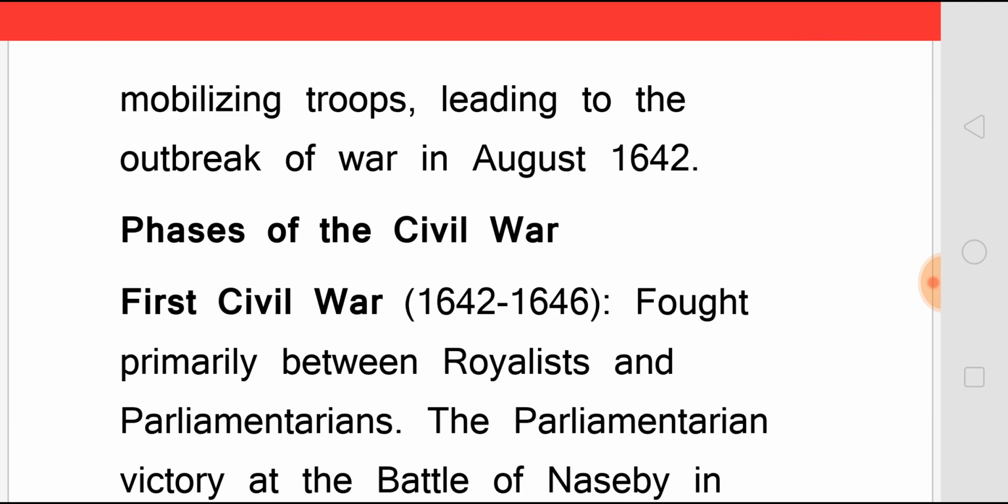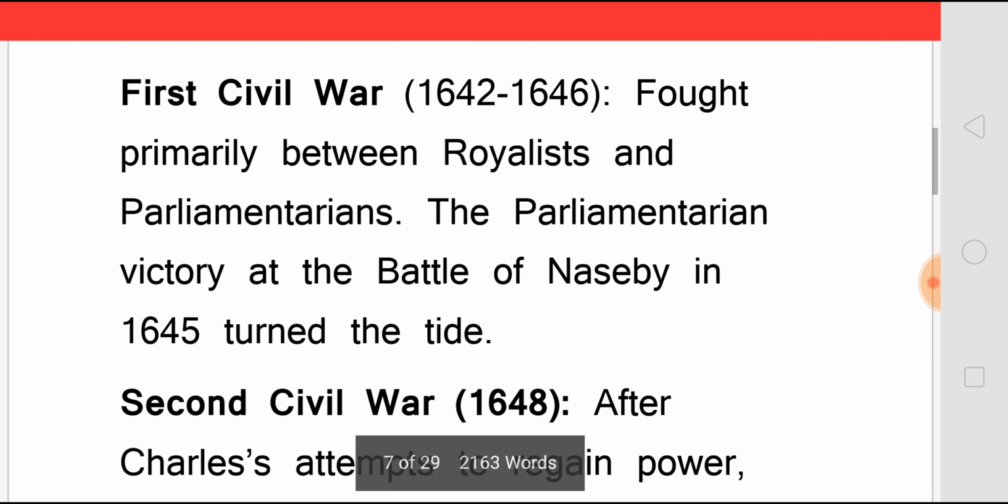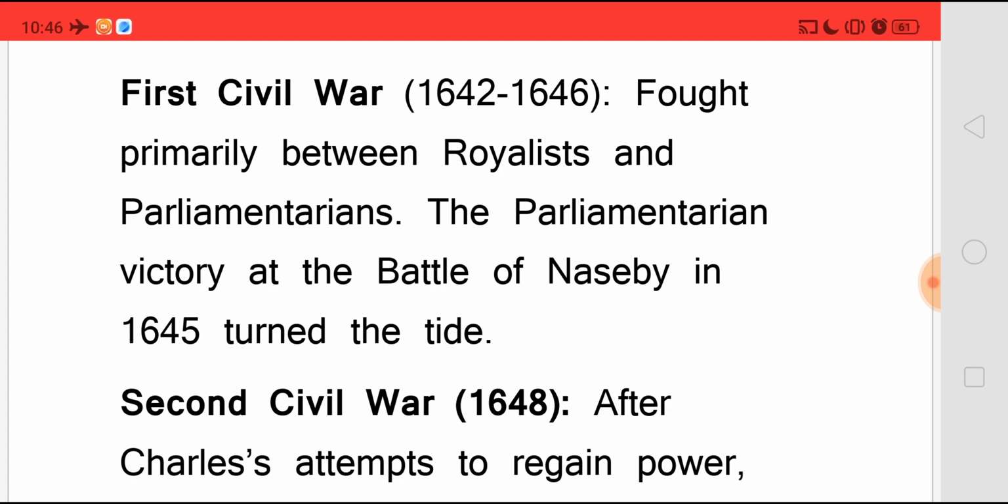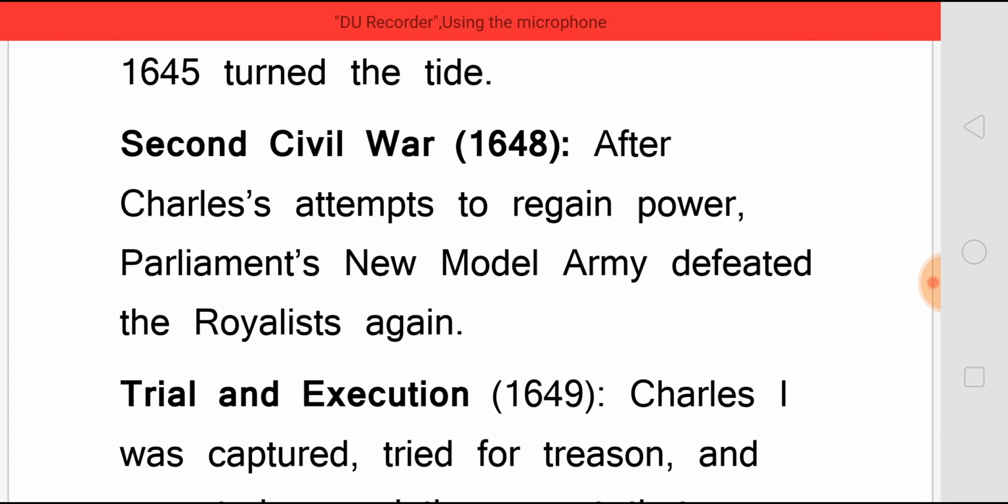And there were different phases in the Civil War. The First Civil War was fought between 1642 and 1646, between Royalists and the Parliamentarians. In this war, the Parliamentarians won at the Battle of Naseby in 1645 and turned the tide. The second Civil War took place in 1648, after Charles' attempts to regain power.